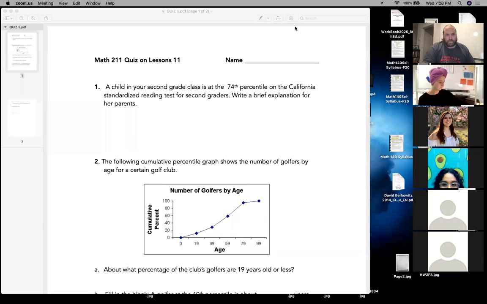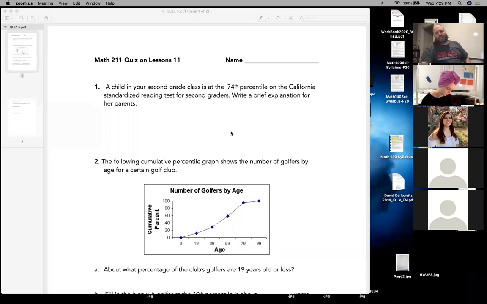Okay, here we go. A child in your second grade class is at the 74th percentile on the California Standardized Reading Test for second graders. Write a brief explanation for her parents. Essentially, it's just your child scores better than 74% of second graders. Or out of every 100 second graders, 74 will score worse than your child and 26 will score better. There's multiple ways you can do it.